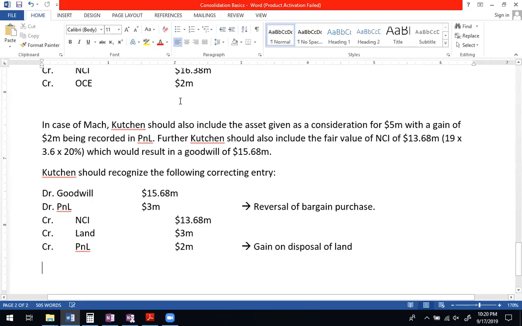So now we are going to continue with the area of disposal of the subsidiary, which is also one of the important areas of consolidation.